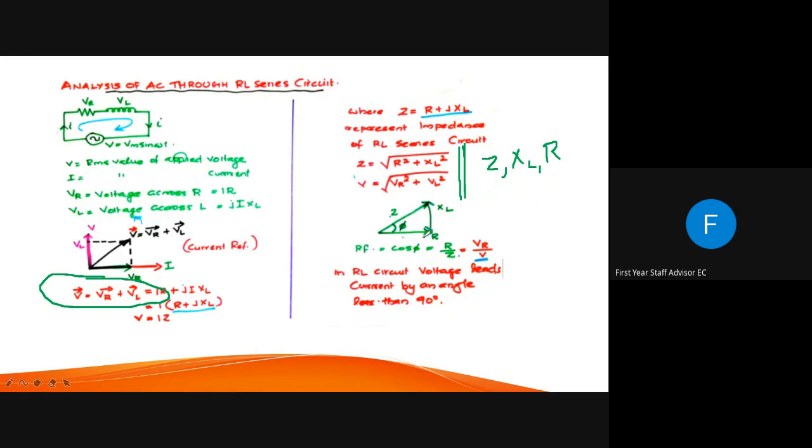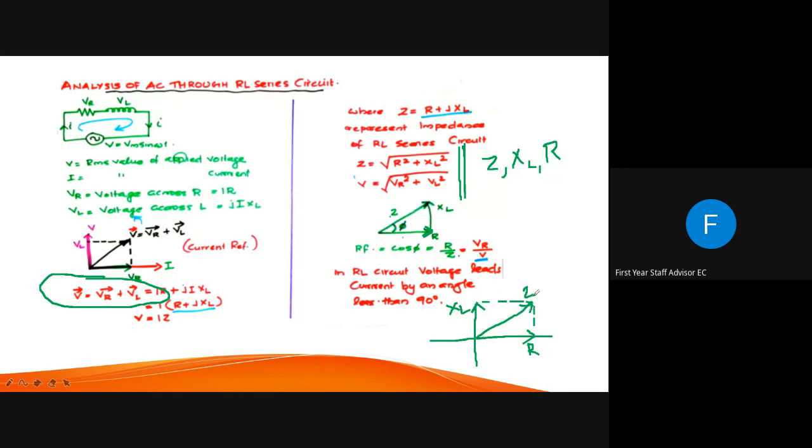R is the resistive component, which you draw in the real plane, and XL, the reactive component, is in the imaginary plane, and the resultant one is the impedance.